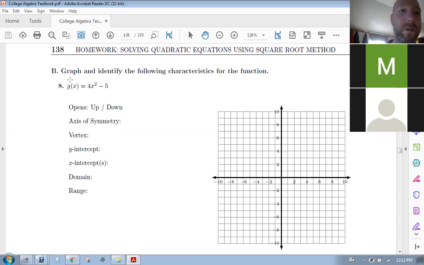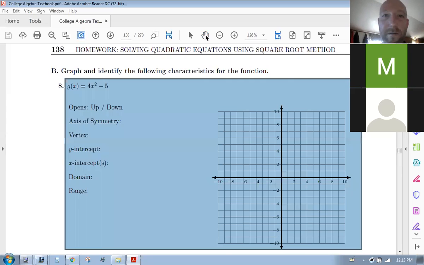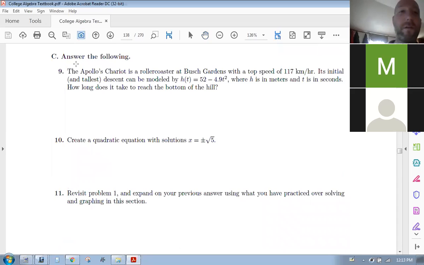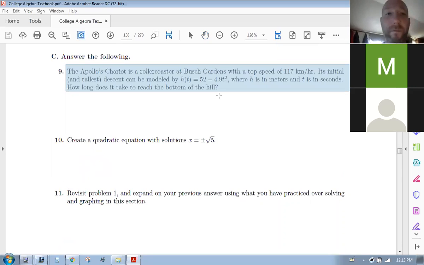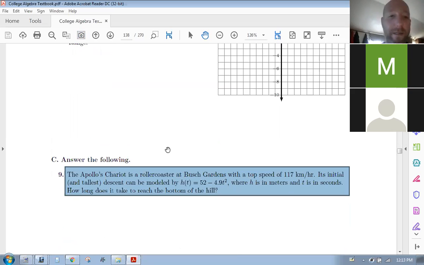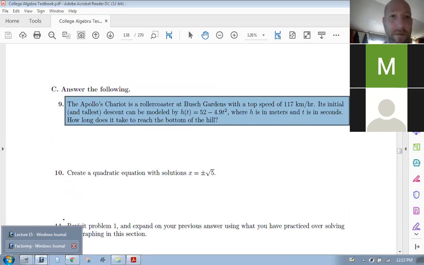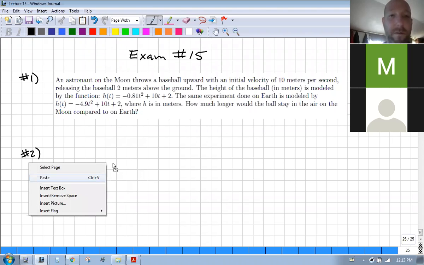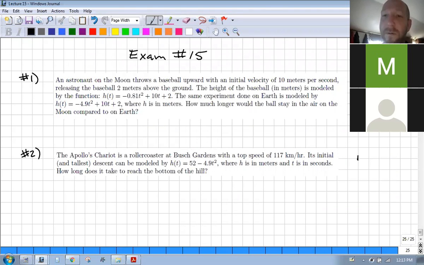Yeah, let's do another one of these. Little grapher. Maybe there's a better word problem. No, let's do this one. I like this one. So number 9 on page 138. There we go. And the next time we'll do factoring by grouping.